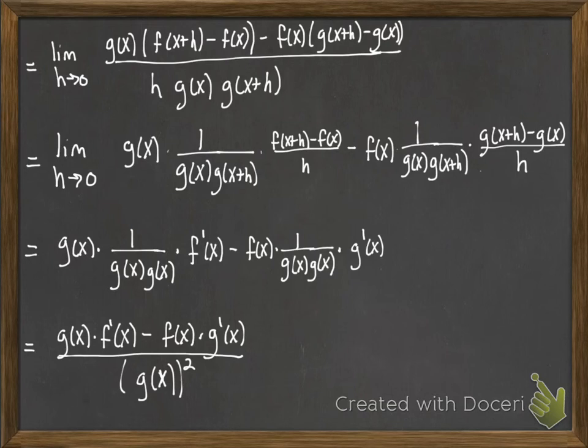And there we have it. That is the quotient rule. We take the bottom function times the derivative of the top function minus the top function times the derivative of the bottom function, and it all gets divided by the bottom function squared. Okay, so hopefully this derivation helps you out in understanding where the quotient rule comes from.